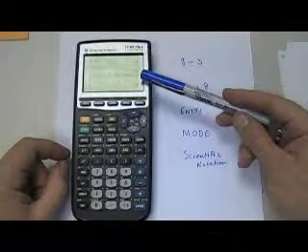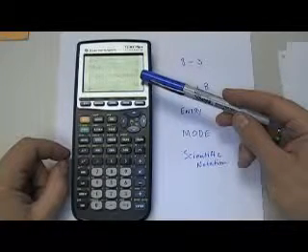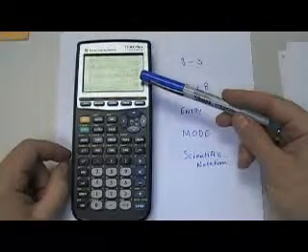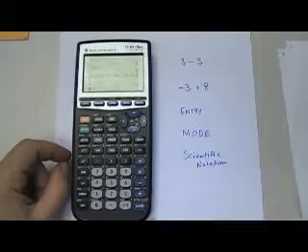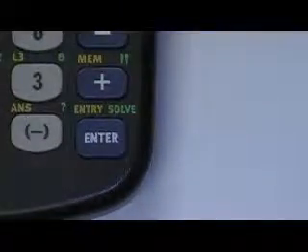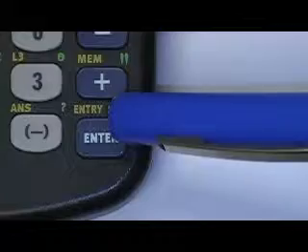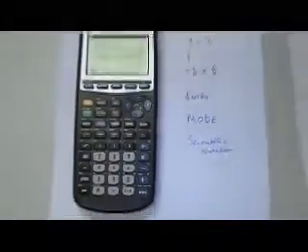Instead of retyping this entire thing again, what you can do is you see the word entry. I'm going to zoom in on that. See the word entry in yellow just above the enter key. So anytime you want to access something in yellow, you're going to need to press the second button. Okay?